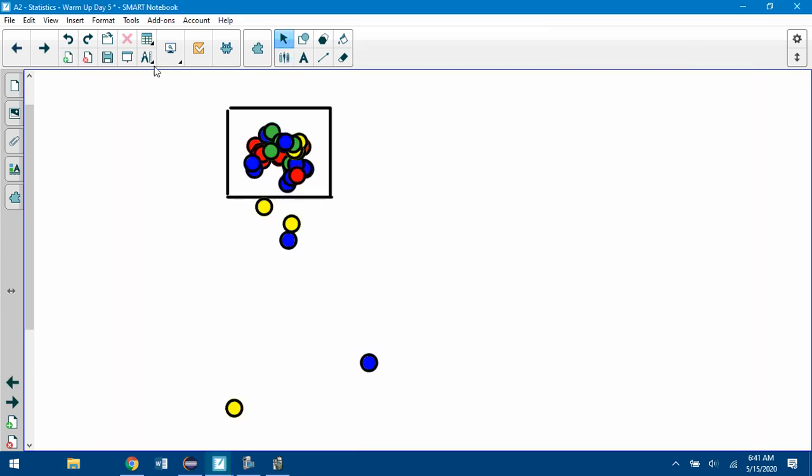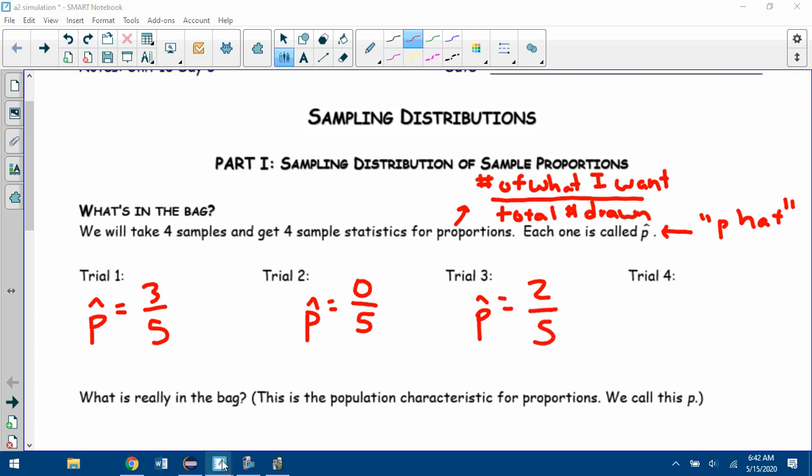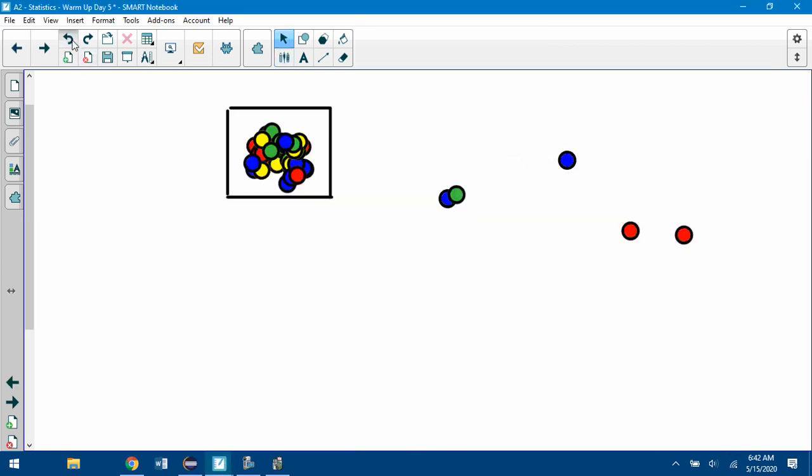Okay, let's do another trial. 1, 2, 3, 4, 5. What did I get? Got 2 out of 5 that time. So p-hat for trial 3 was 2 out of 5. And then lastly, for trial 4, my last trial, 1, 2, 3, 4, 5. So I got 2 out of 5 again.